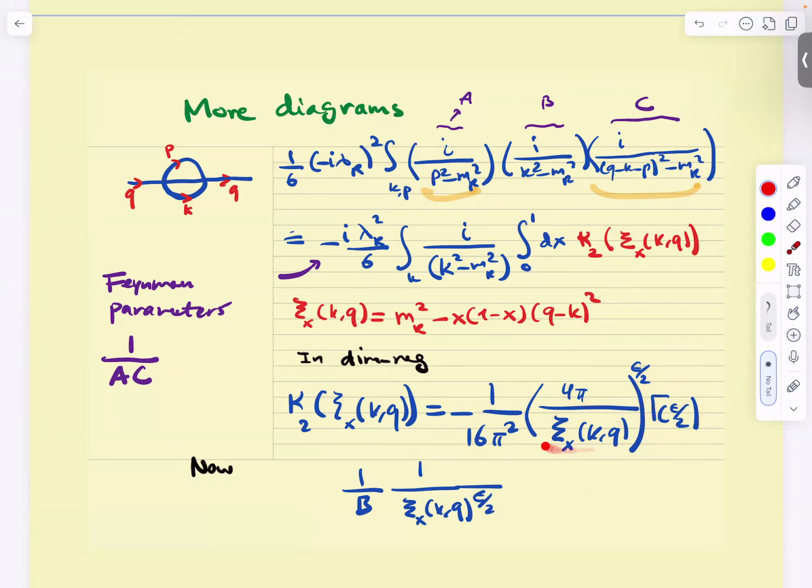This has dynamical content to it. This is the K-dependent part. So now we still haven't done the K integral. We have to put 1 over B next to 1 over C of x to the power of epsilon over 2. This is the integrand for the second integral. Right? Are you guys following me?